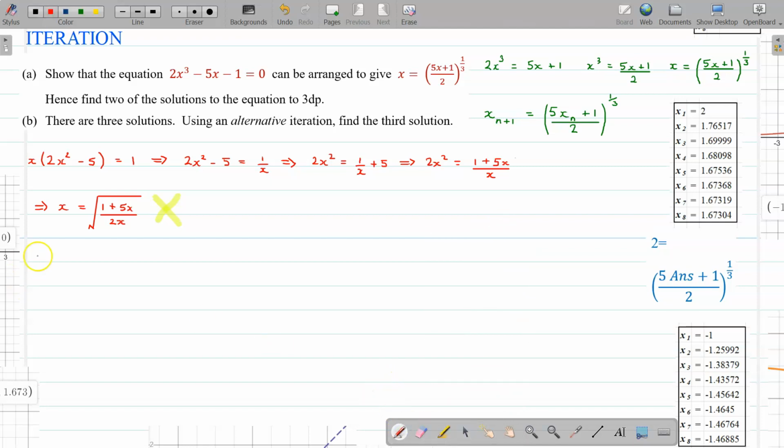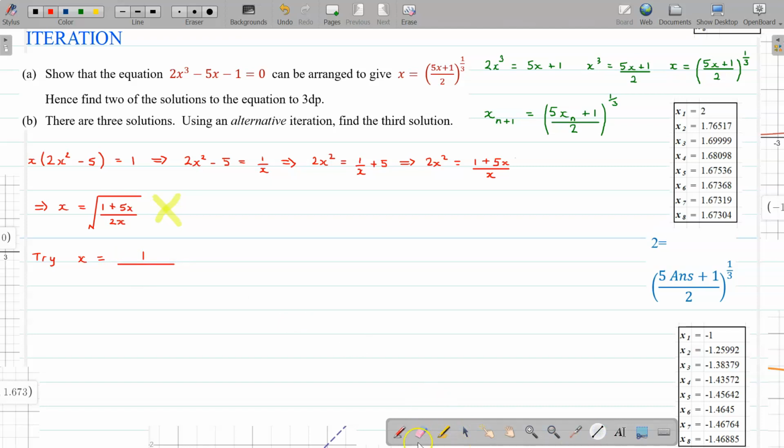To save a bit of time, I'll just quickly show another one. So we're going to try this one now. When we go back to this point here, instead of dividing by x, I'm going to leave the x where it is and divide by 2x squared minus 5. So I get x equals 1 over 2x squared minus 5.